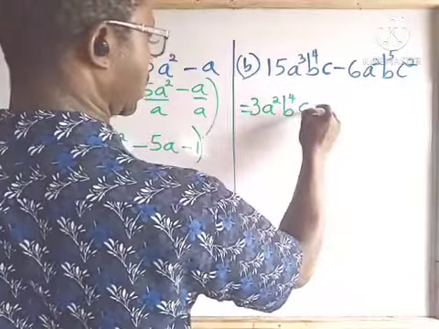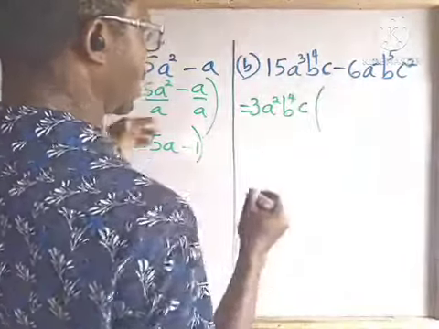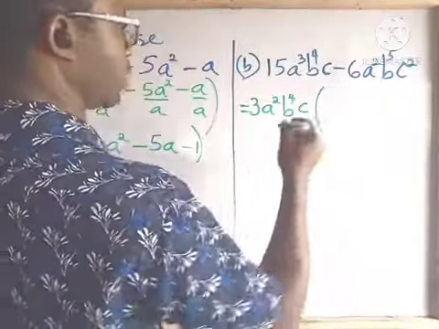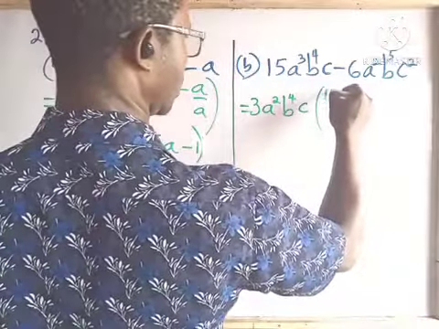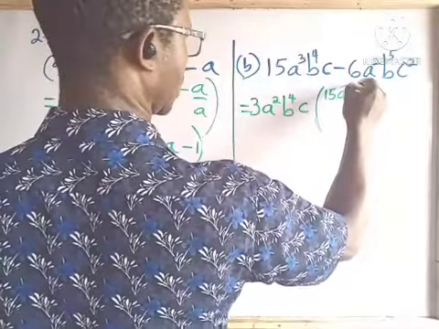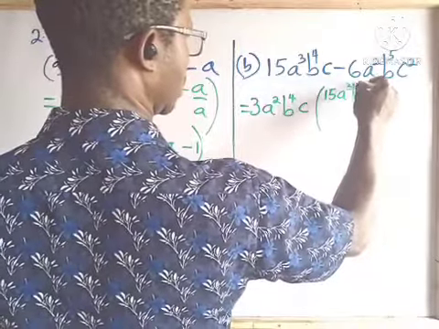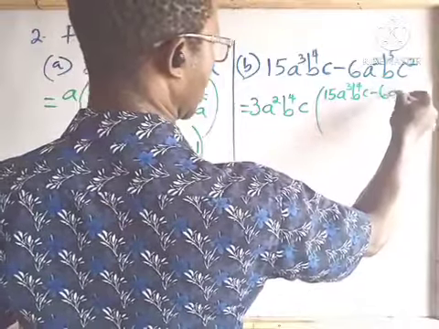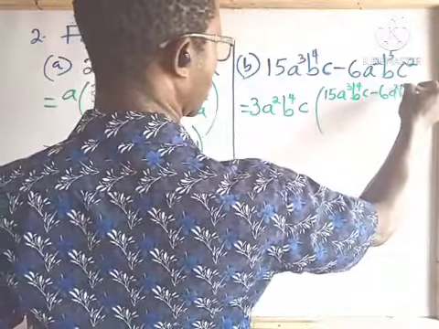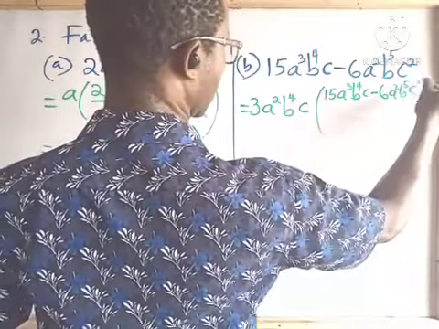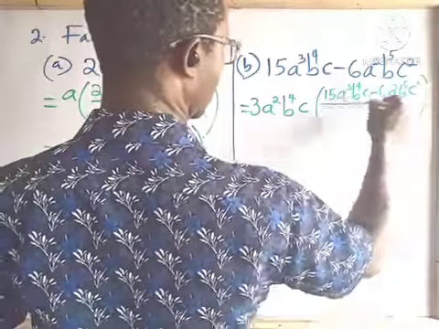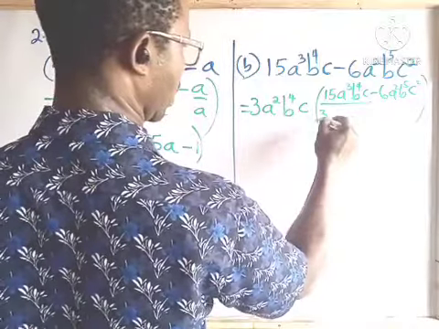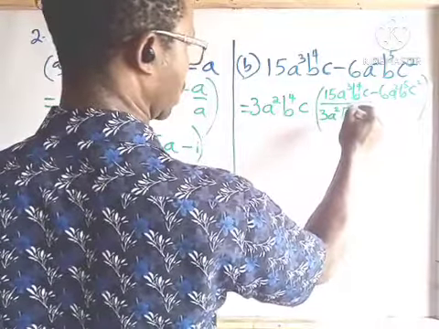So you can write all of this and divide. And that gives you 15 a squared b raised to the power 4 c minus 6 a squared b raised to the power 5 c squared. Divide each of them by the common term here, and the other side too, the same way.